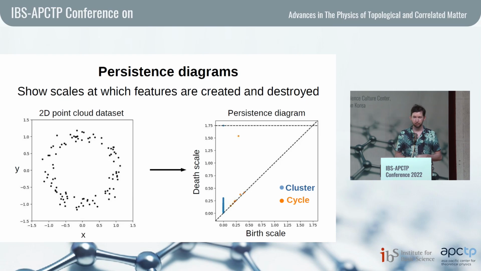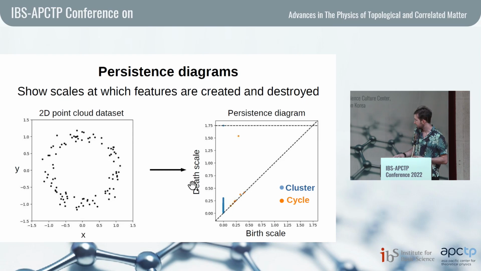So we don't know beforehand which scale to pick, so the solution is to compute these Betti numbers, these topological features, over all possible cutoff scales. This can be done reasonably efficiently, and this information is usually summarized in a graph form in terms of this kind of persistence diagram, where each point corresponds to a distinct topological feature of your point cloud.